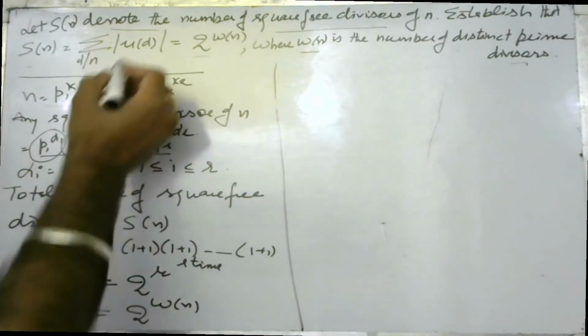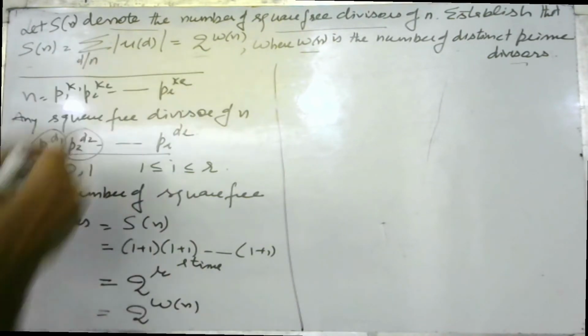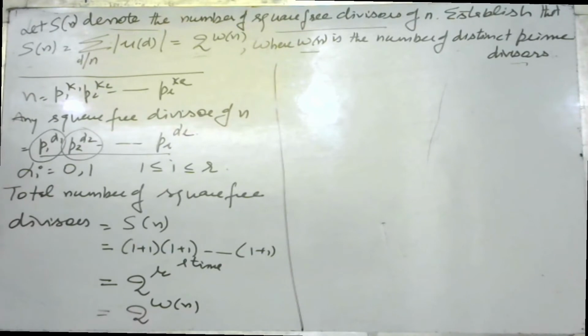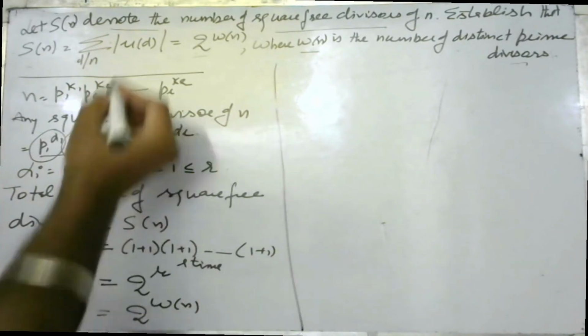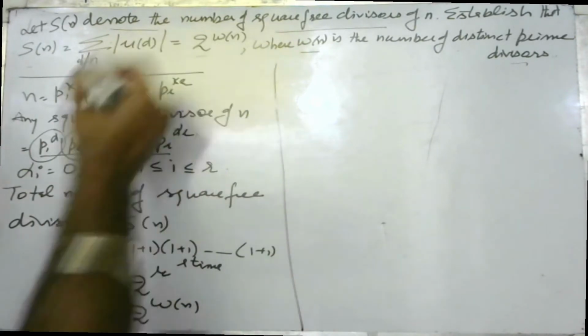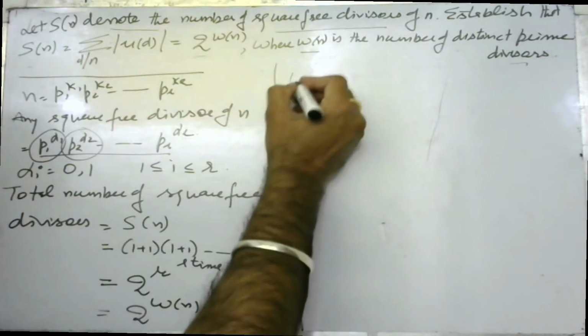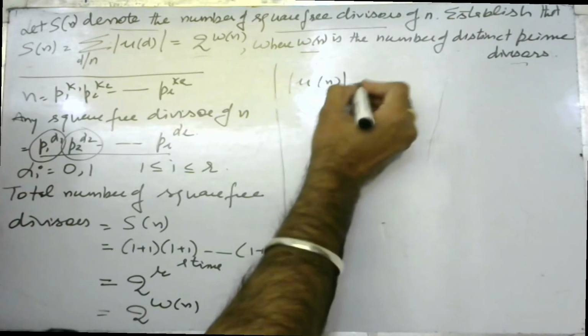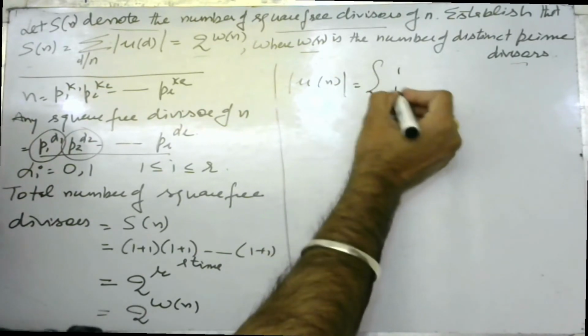Okay, next we prove that this summation of mod of μ(d) is equal to 2^ω(n). Now to prove this, we have to rewrite the definition of this Mobius function, because here we are using mod of this. So by definition μ(n) becomes 1, 0, or (-1)^r.